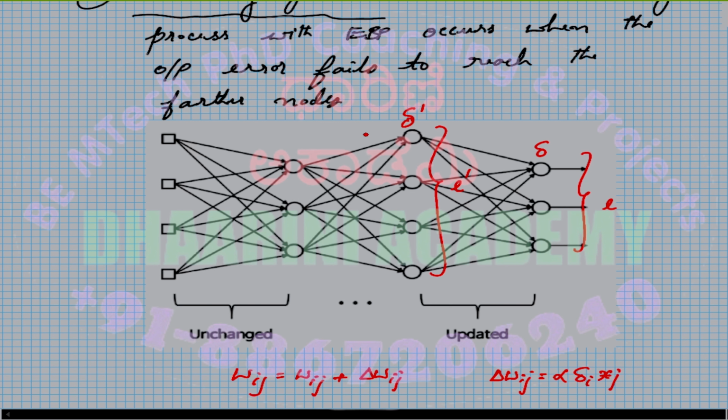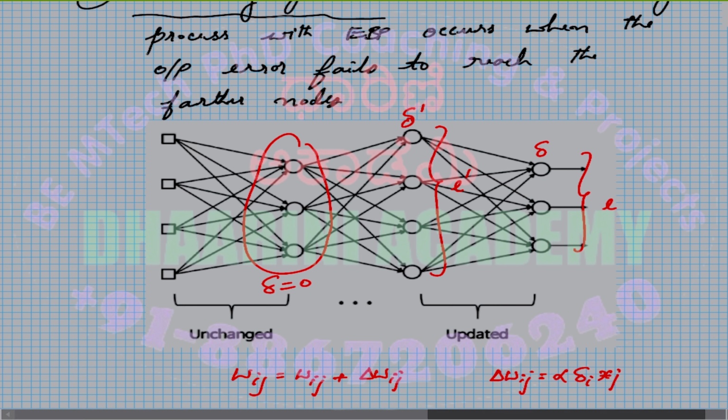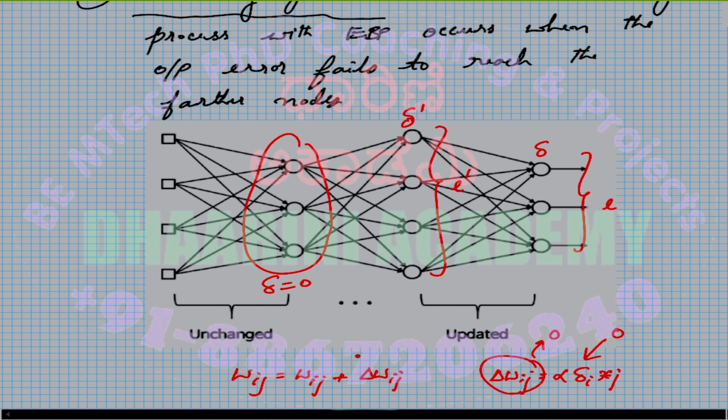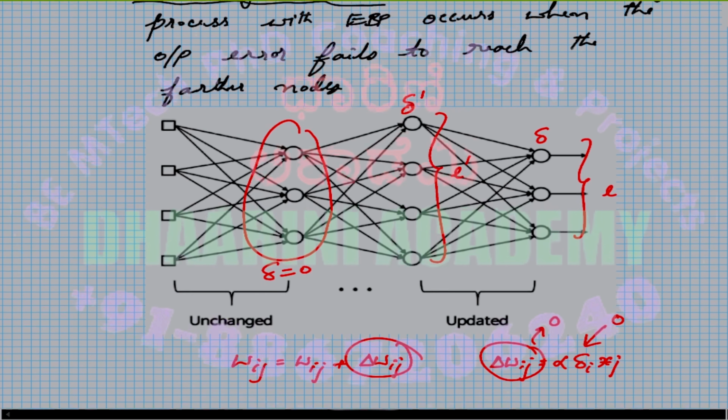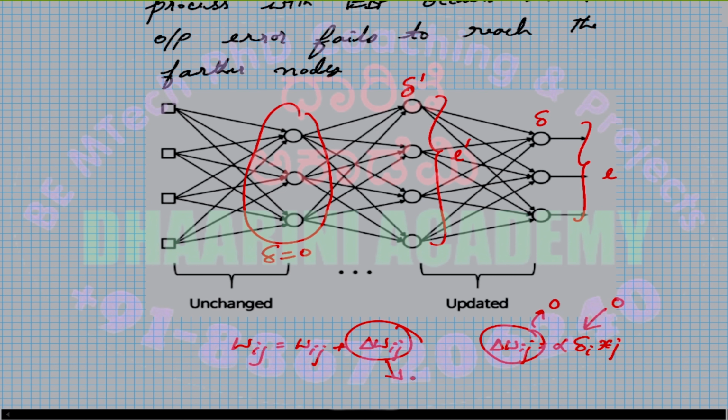So you see, at a particular layer there is no change. The weights are not getting updated because the delta becomes equal to 0. Delta keeps on reducing, and after some point delta becomes 0. So when this delta is equal to 0, what happens? Delta wij becomes equal to 0.